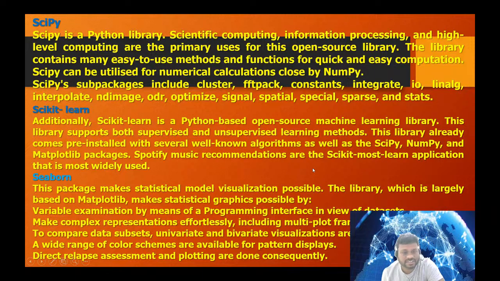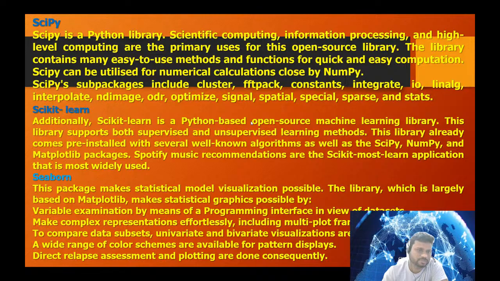This package makes statistical model visualization possible. The library, which is largely based on Matplotlib, makes statistical graphics possible through variable examination by means of a programming interface for viewing data sets. So basically SciPy, scikit-learn, and Seaborn, these three are very important in the machine learning process.